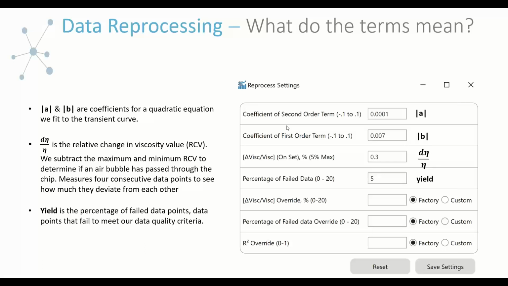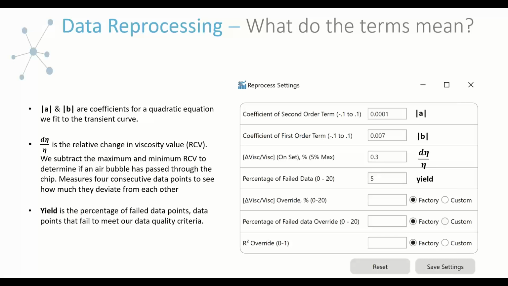The steady state portion of the curve is fit to a second order quadratic equation, with coefficients 0.0001 for A, the term in front of the squared component, and 0.007 for B, the term in front of the other term.